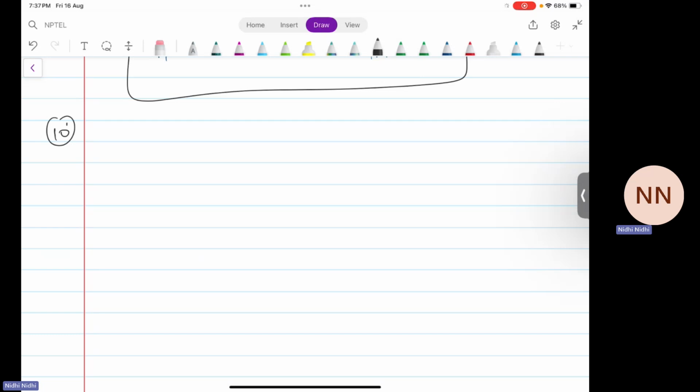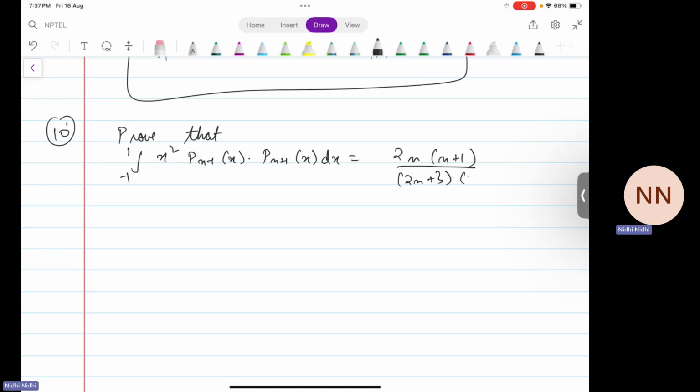Prove that the integral from -1 to 1 of x squared Pn-1(x) times Pn+1(x) dx is equal to 2n(n+1) by (2n+3)(2n-1)(2n+1). Solution.